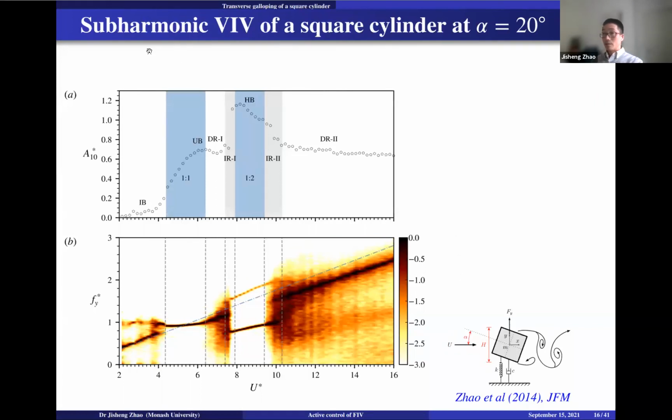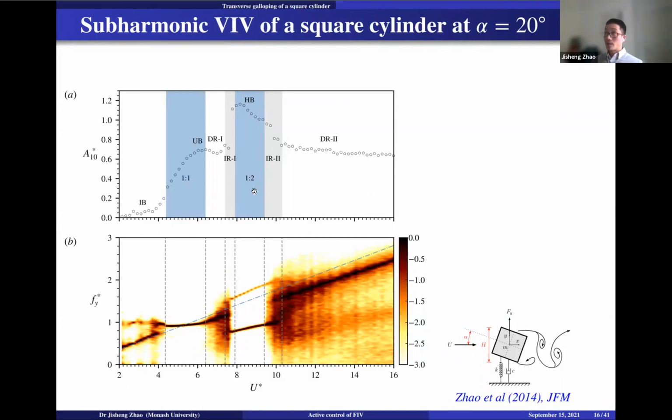And for the higher branch, we just want to show you that there's a subharmonic frequency component in the higher branch here, which is quite interesting. And then I use PIV to look at the vortex shedding mode, which is quite interesting.